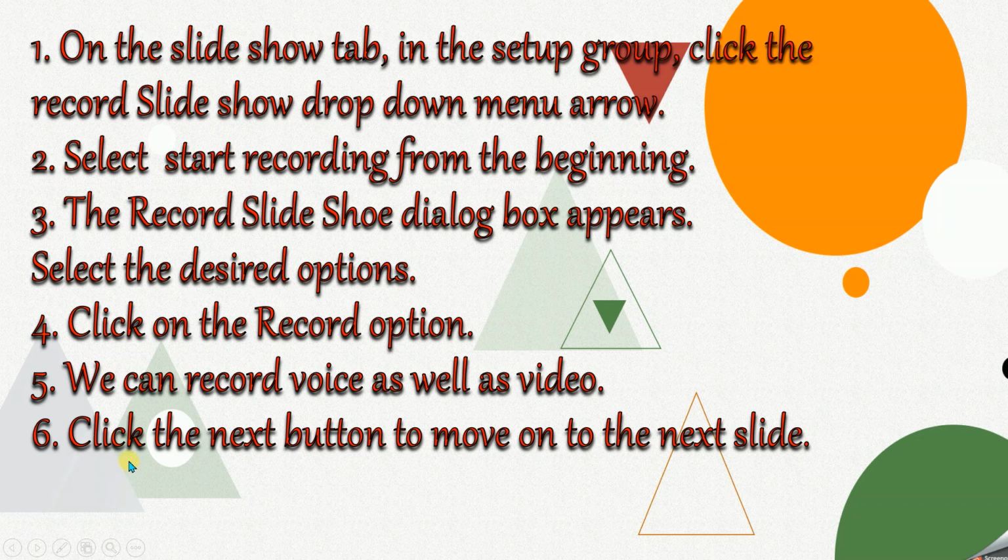Once the recording is done, and if I want to move to the next slide, I need to click on the next button. Once the recording is completely done, I can press the Escape key and come out of that slideshow. Shall we just see these steps in PowerPoint directly? Yes, I'll just escape.